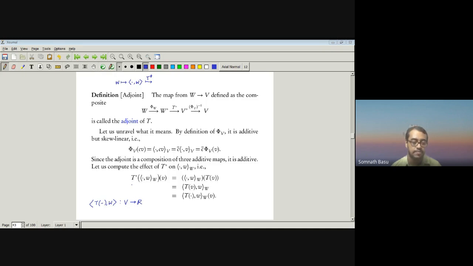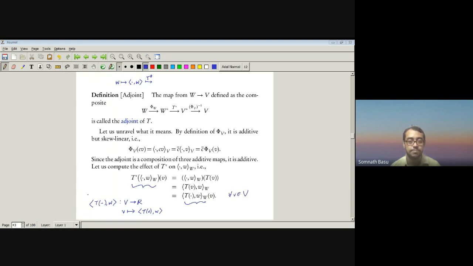That's an element of W, and then I dot it with w. So this is indeed a linear map. Little v goes to T of v, dotted with w. This is the definition of this map. So by definition, this quantity equals this quantity, because this is for all v.